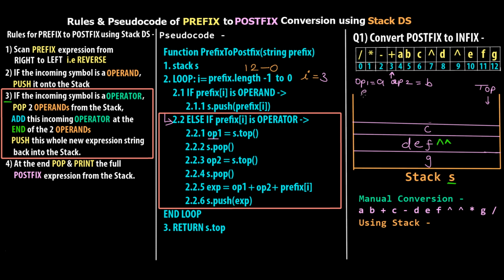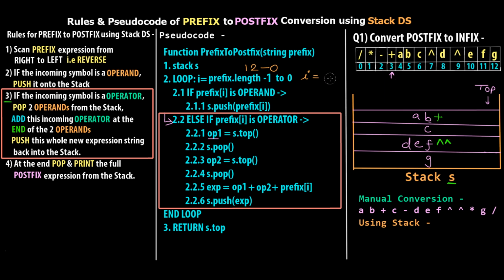Then we create exp. Exp is equal to OP1, which is A. We append OP2, which is B. And we say prefix of I. Prefix of I is this plus operator, because we are at index position 3. So we'll write plus over here. And then we take this expression at instruction 2.2.6 and push it onto the stack. And this becomes the new top of the stack.